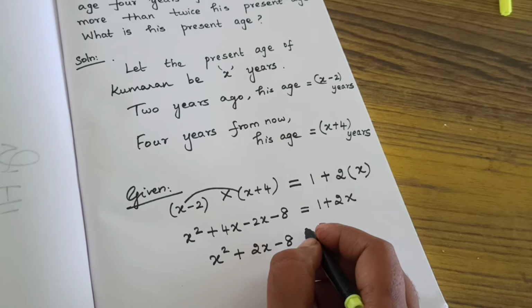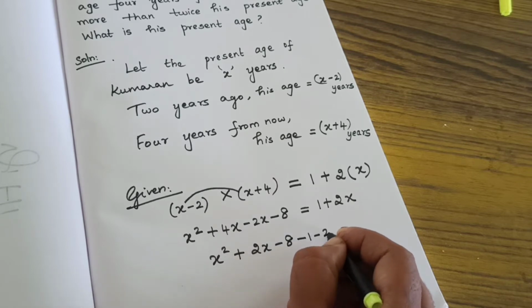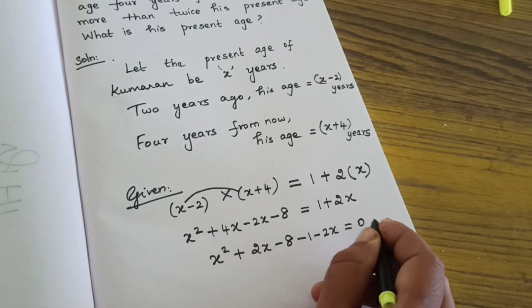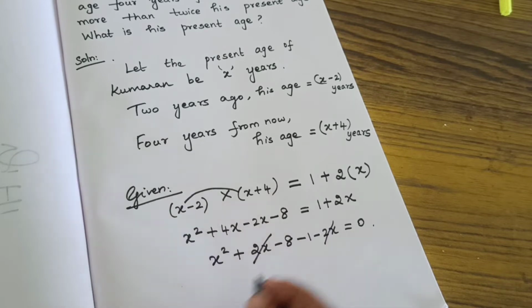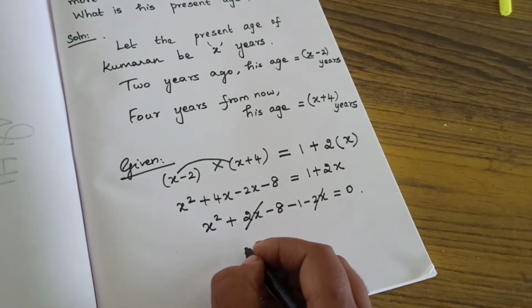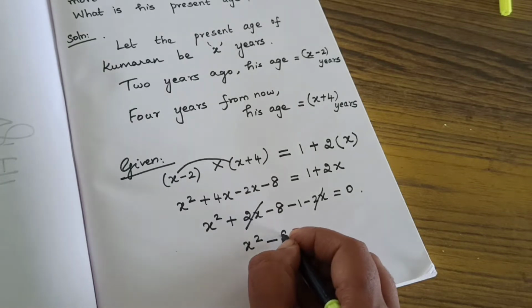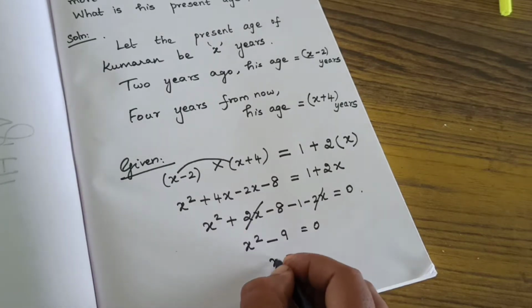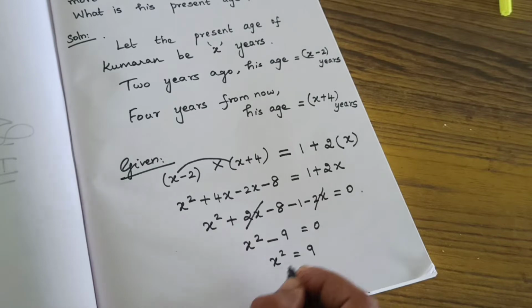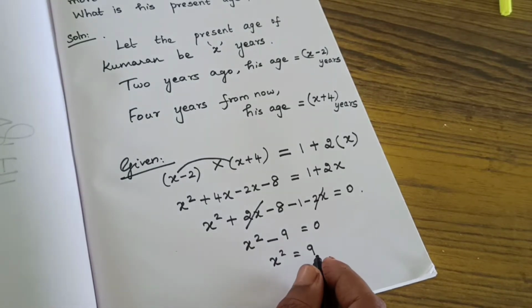Take all the terms this side. Minus 1 minus 2x equal to 0. Now, plus 2x and minus 2x cancel. Very easy, no? So, x square minus 8 minus 1, minus 9, which is equal to 0. So, x square equal to 9. So, for which numbers? When we square two numbers, we will get 9.